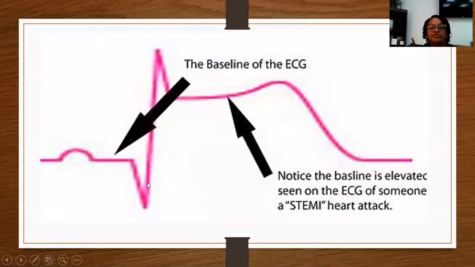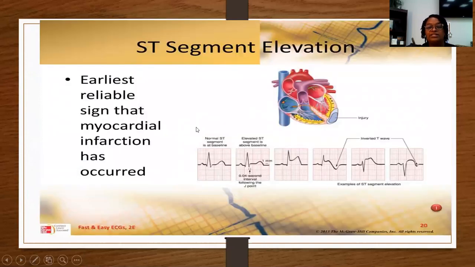So now this illustration is showing you how, if you're looking at the strip, you can find your baseline here and draw an imaginary line across here, and you can see more clearly the ST elevation for someone who's having a STEMI heart attack. So our ST elevation is our earliest reliable sign that a myocardial infarction has occurred.